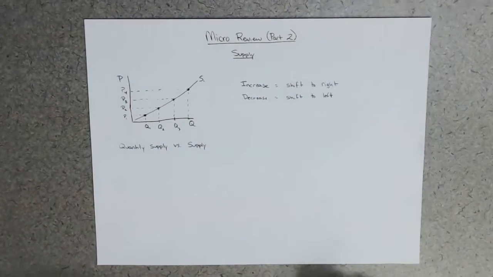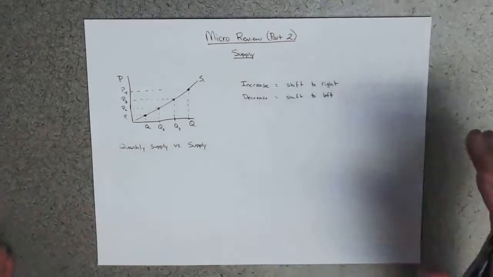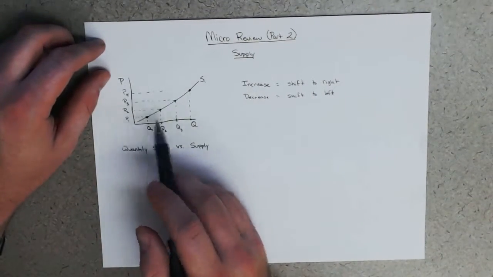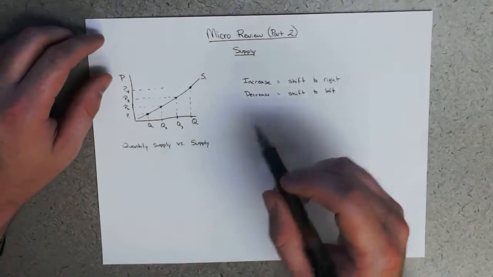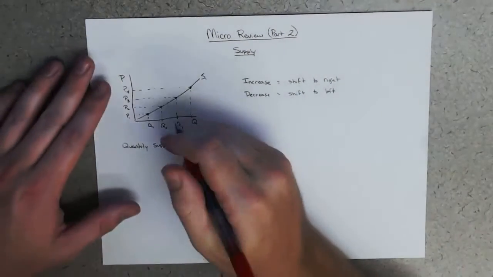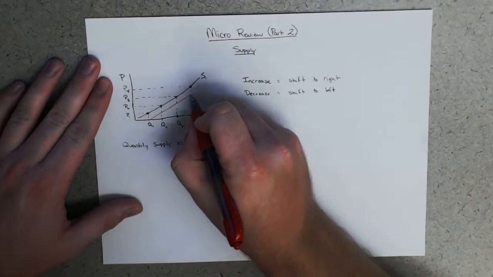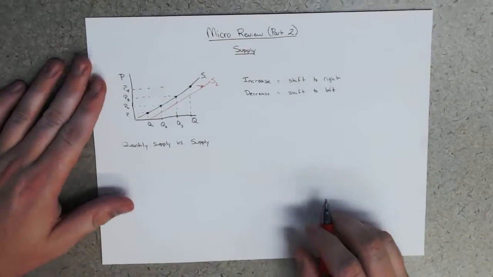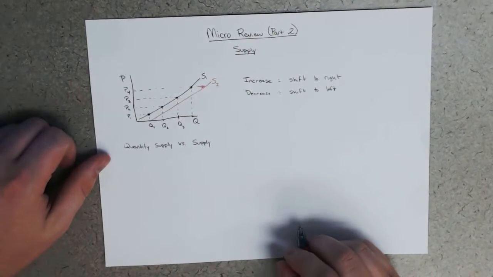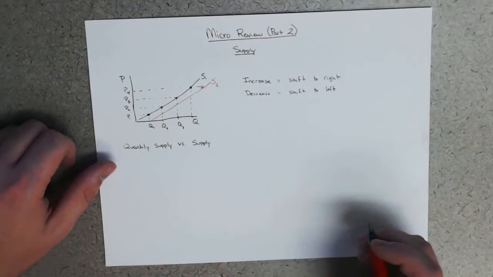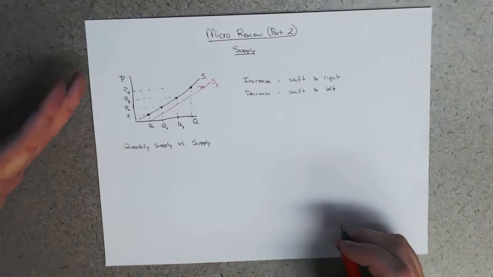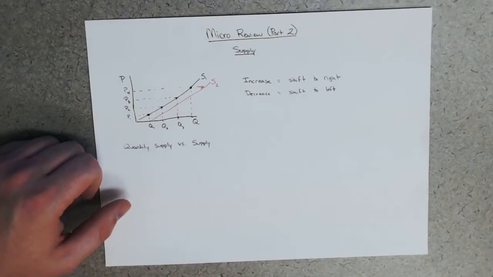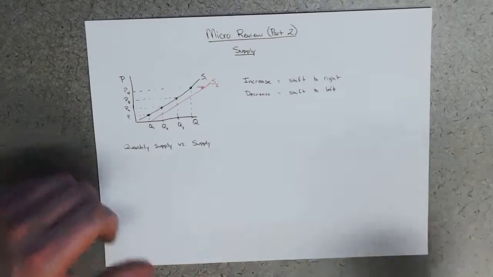If there's more people providing the good or service, that means at every price there will be more of it available, which we would represent as an increase in supply. The same could also be said, if the number of suppliers were to decrease, we would see a decrease in supply.